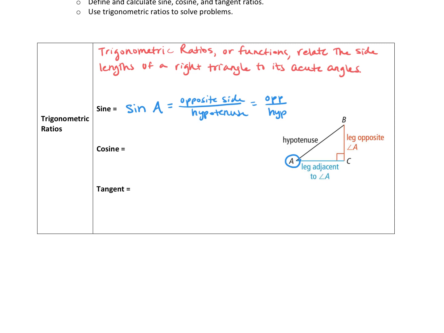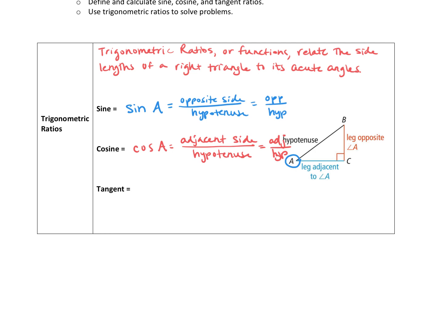All right, so your cosine function, we write it as cos, but we say the full thing, cosine. Cosine of angle A is the ratio of the adjacent side over the hypotenuse. And we can abbreviate that to ADJ for adjacent over HYP for hypotenuse.